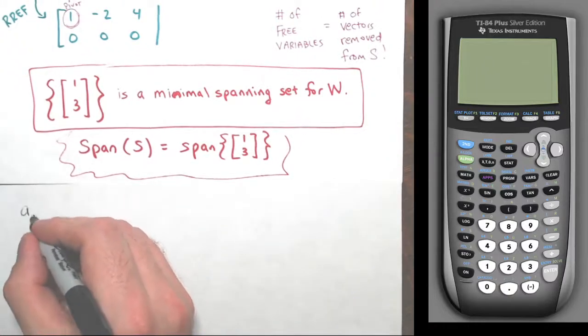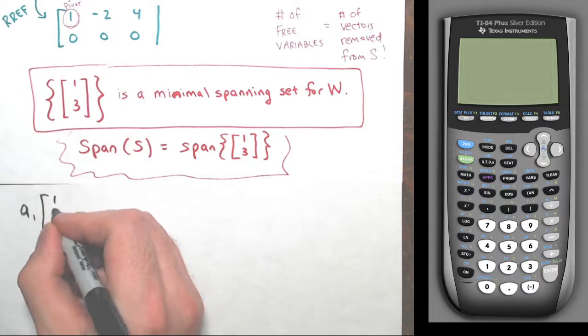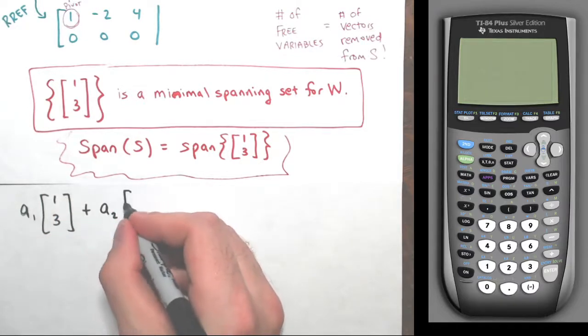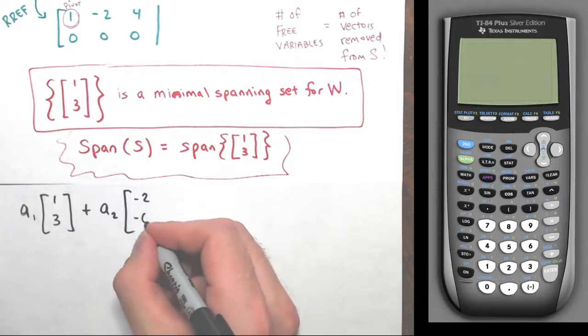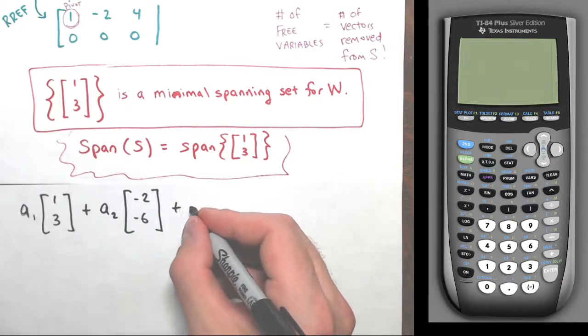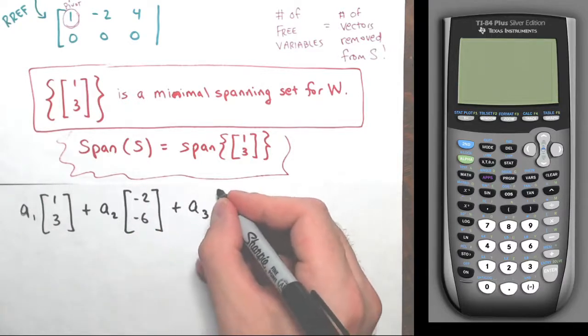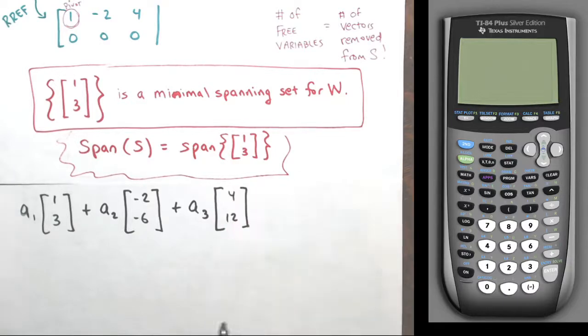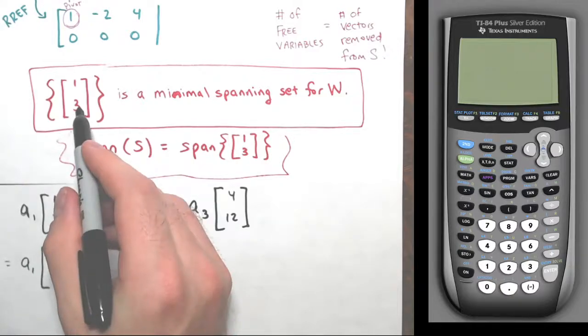So I have some scalar a1 times (1, 3), plus some scalar a2 times (-2, -6), plus some scalar a3 times (4, 12). And as I mentioned before, we'll leave the (1, 3), right? We're sticking with (1, 3).